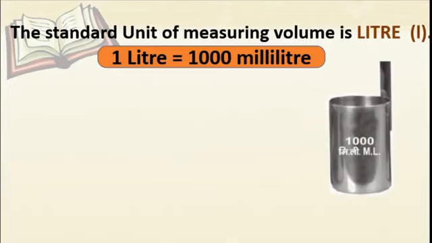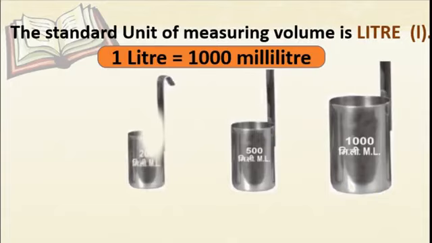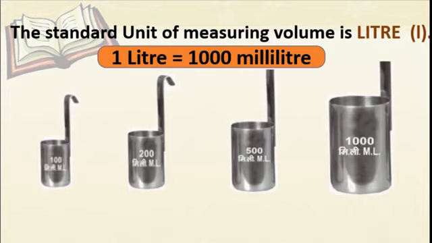See, this is a measure of 1000 ml, means 1 liter. See, this is the measure of 500 ml, half liter. And see, this is a 200 ml capacity measure, and this is of 100 ml capacity.